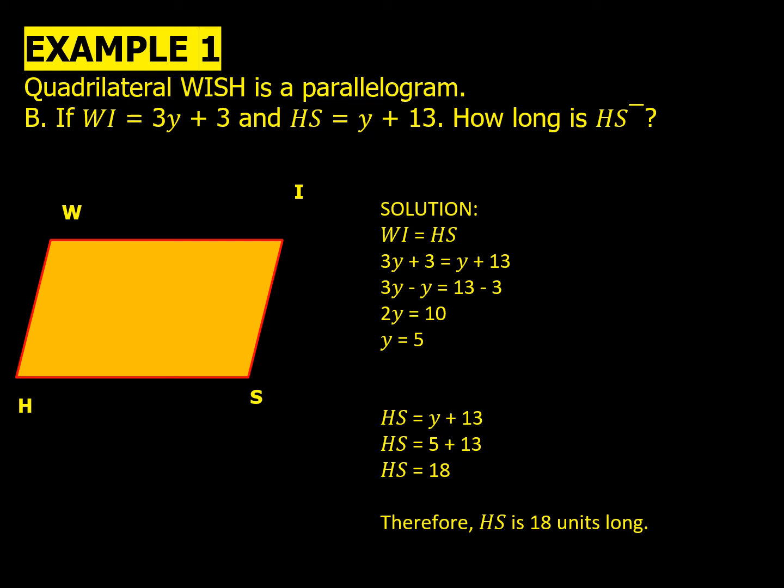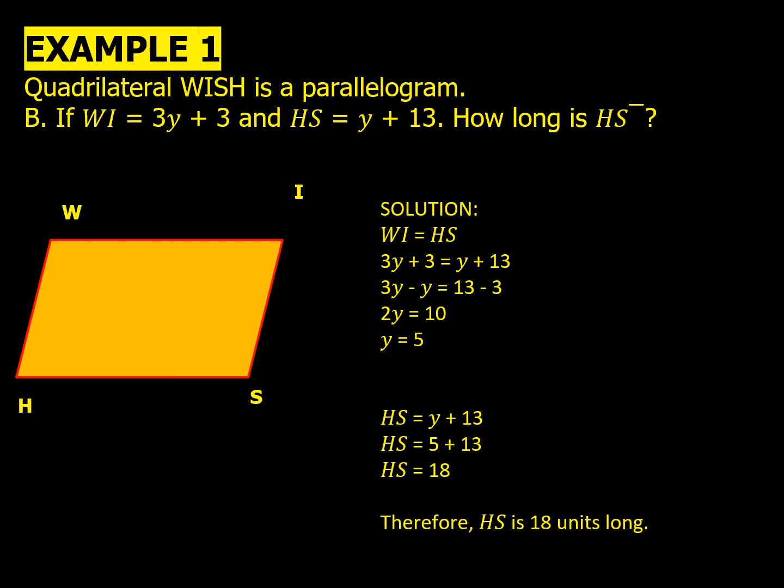So by substitution, 3y plus 3 is equal to y plus 13, and transposing y to the left side of the equation, we will have 3y minus y, and transposing positive 3 to the right side of the equation, we will have 13 minus 3. So 3y minus y is equal to 2y, and 13 minus 3 is equal to 10.